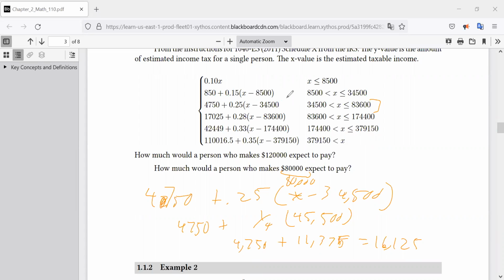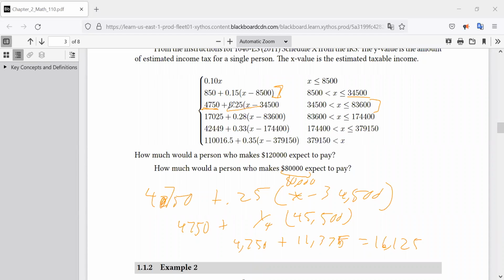Also, in case you guys didn't know before, this is how tax brackets work. So basically, this number right here is what you would pay if you paid the entirety, like you filled up that 35,000. 4,750 is what you would get if you plugged in that 34,500 to this equation.